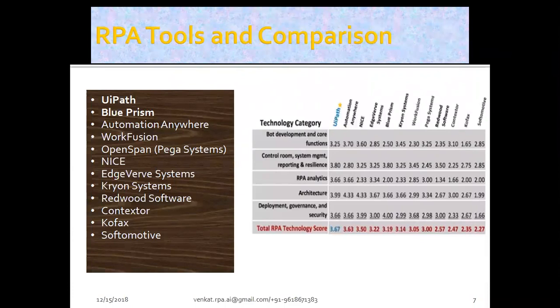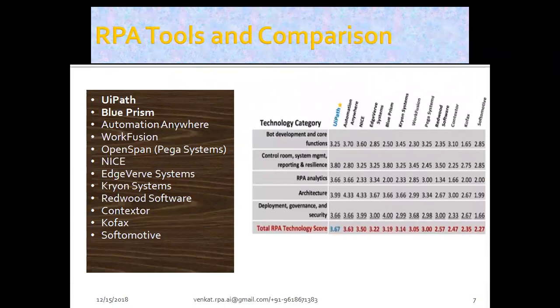If you see the right side, okay, the top ones are tool names: UiPath, Automation Anywhere, Nice, Edgeware Systems, Blue Prism, like that. And the technology category is the left one. Okay, category wise, which is the best rating, you can see here. Bot deployment, development, and core functions wise, you can see the rating 3.25 for UiPath, 3.70 for Automation Anywhere, like that.